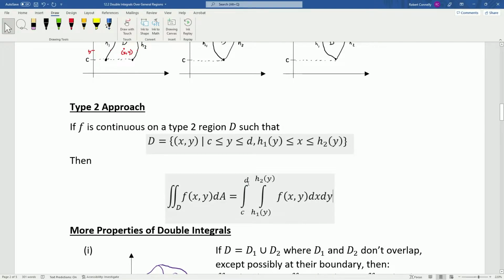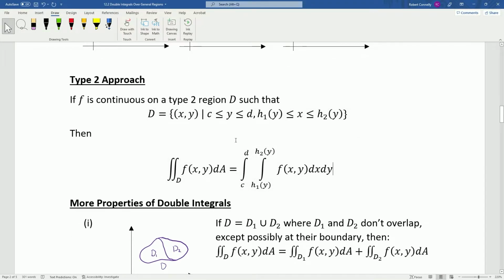So the integral from c to d of the integral from h1 to h2 of f of x y dx dy. So again, we integrate with respect to x first. We're going to evaluate that antiderivative at these functions of y. So then everything will be in terms of y, so that when we integrate it with respect to y, we'll get a finite number evaluating at these endpoints.